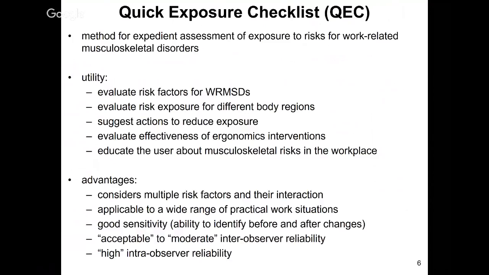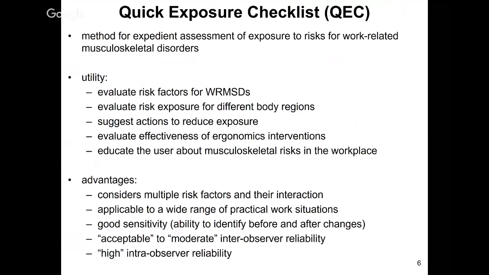Some of its advantages are that it is multifactorial, it looks at interactions, and has good sensitivity, meaning it's pretty accurate in identifying the actual exposures. It has fairly good inter-observer reliability and high intra-observer reliability. That's something we talked about in class.